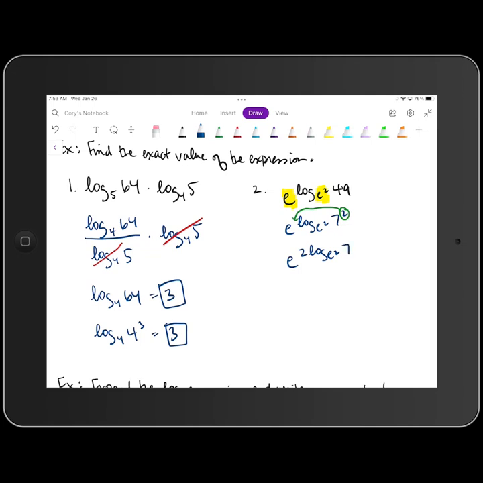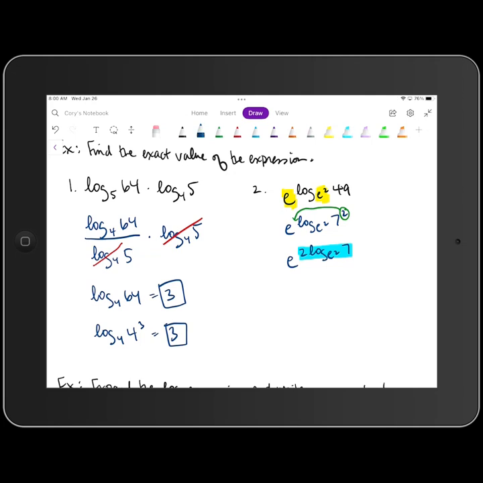So when I look at this exponent, it should be pretty clear that we are multiplying 2 times the log base e squared of 7. And we should know from our rules involving exponents that we multiply exponents when we have a power raised to a power.